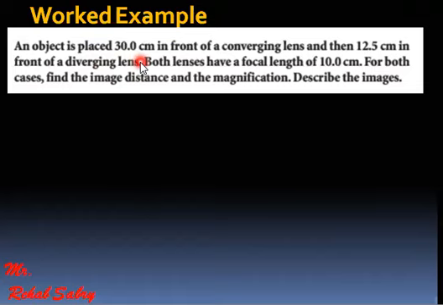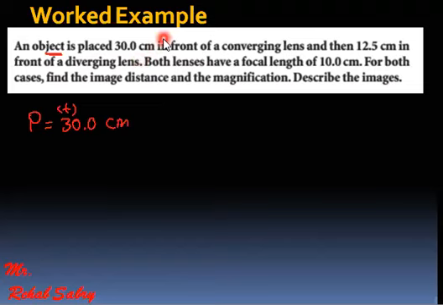Well, let's extract the givens. Here, 30 centimeters. This is the object's distance. And we said in our study, P is always positive, so it will be 30.0 centimeters, positive.